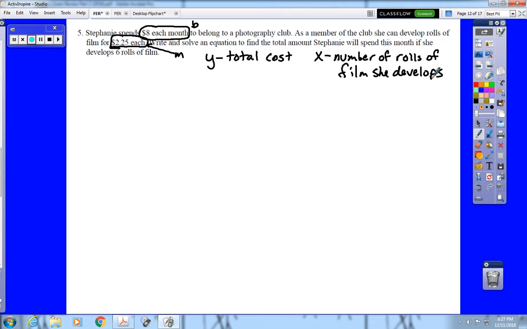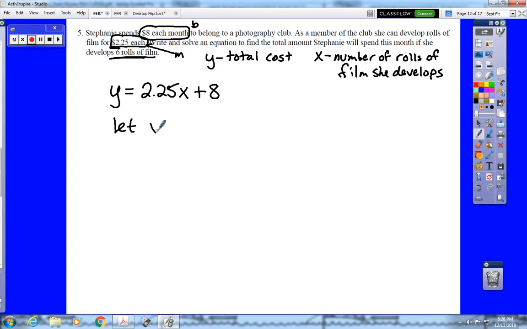we can write an equation in y equals mx plus b form to describe this situation. It would be y equals 2.25x plus 8. Now, the problem itself actually tells us that she wants to develop 6 rolls of film. So we're going to let x equal 6 and evaluate for y.